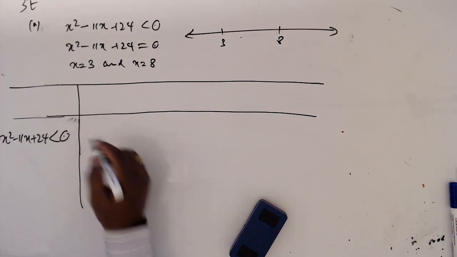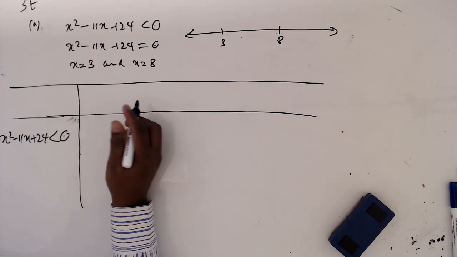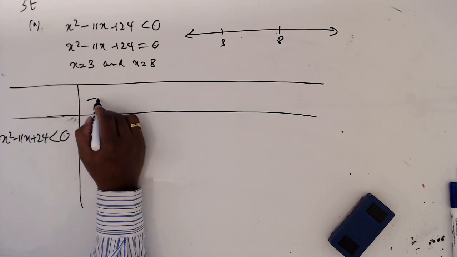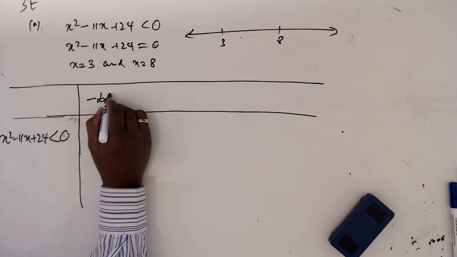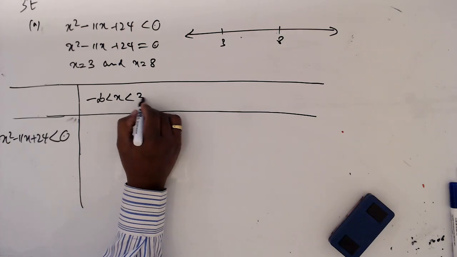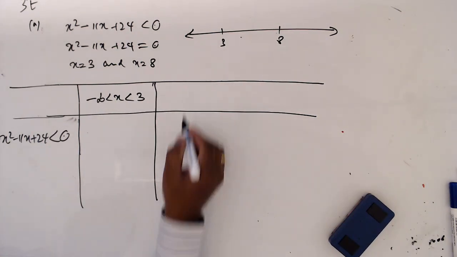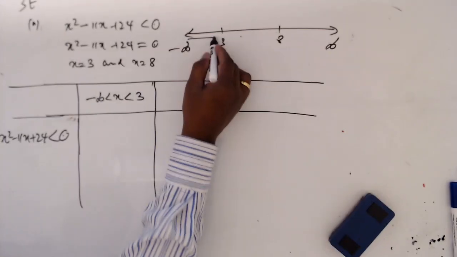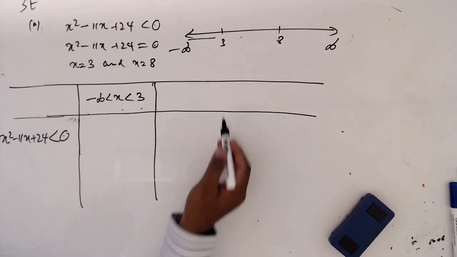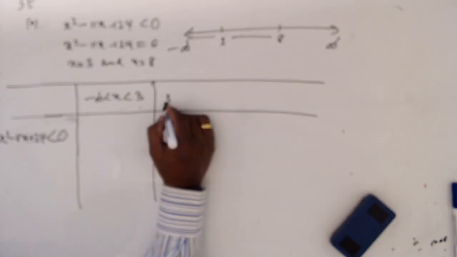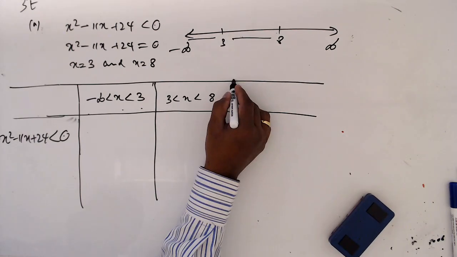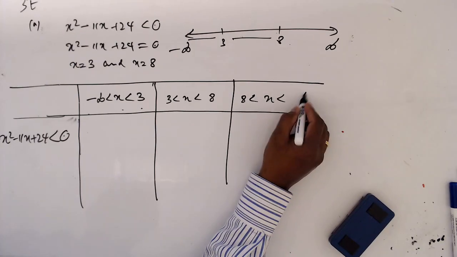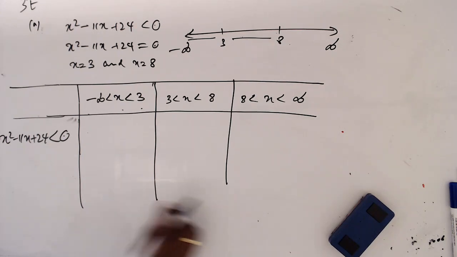I'm going to write the intervals here: minus infinity to 3, then 3 to 8, then 8 to plus infinity. Now I'm going to check.